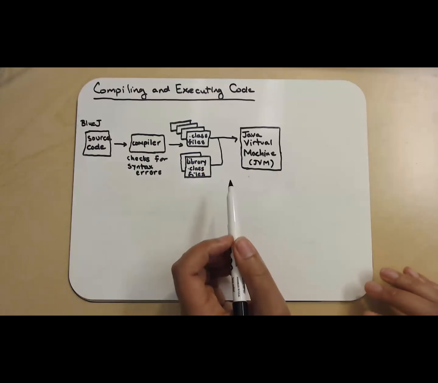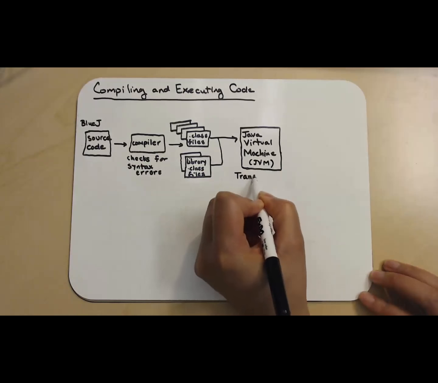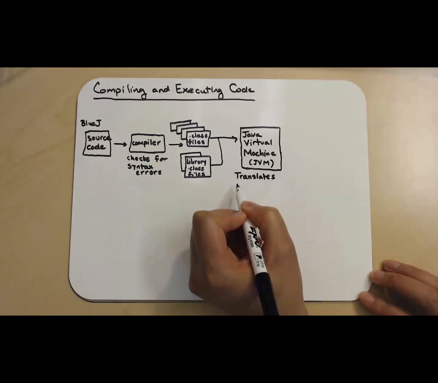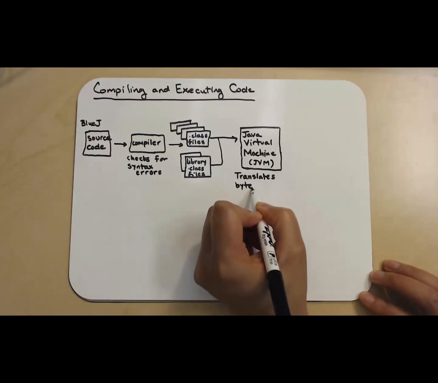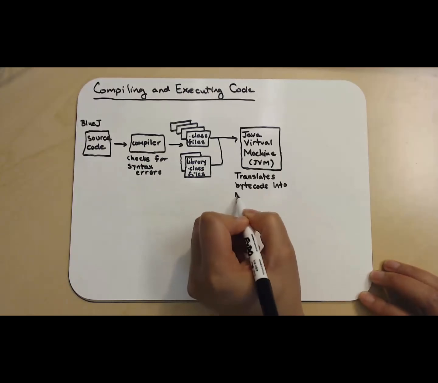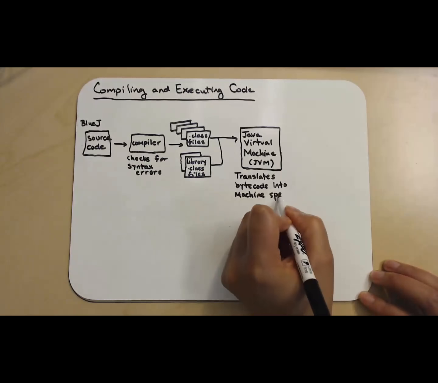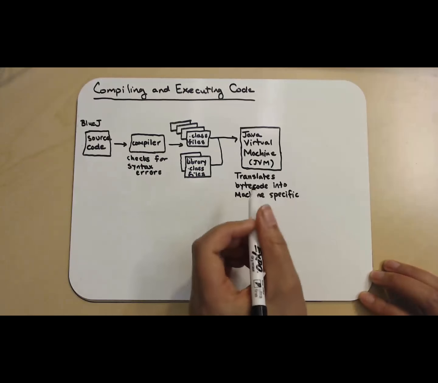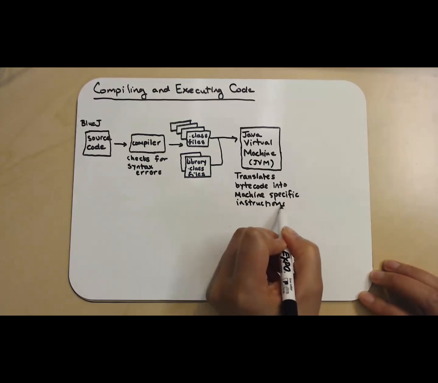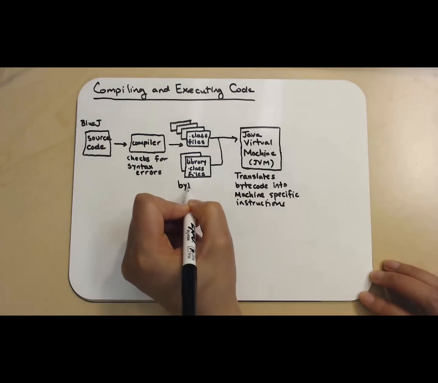The purpose of the Java virtual machine is that it translates bytecode into machine specific instructions. These class files are bytecode.